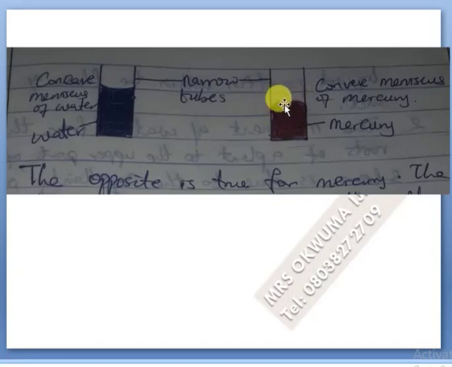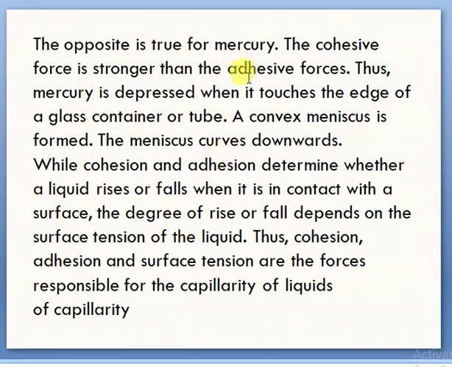For mercury, you have a convex meniscus, while for water, you have a concave meniscus. Please take note of that. Now, for mercury, a convex meniscus is formed. The meniscus curves downward, as I've shown you in the diagram.